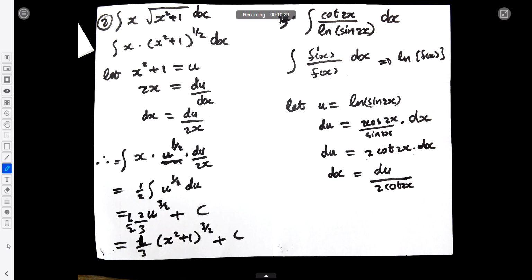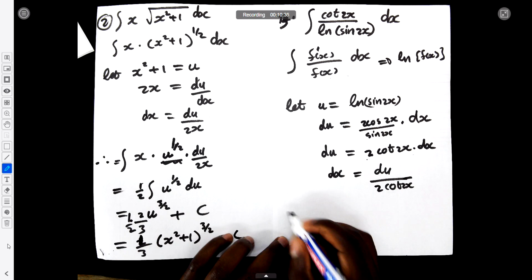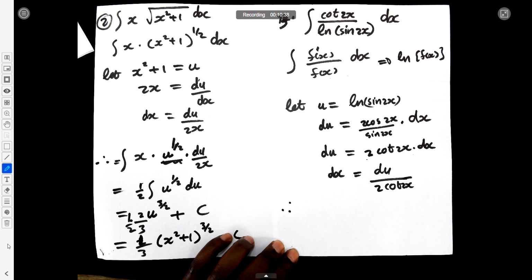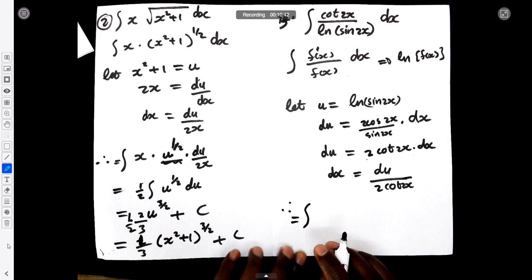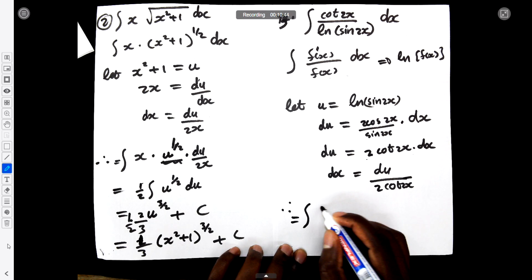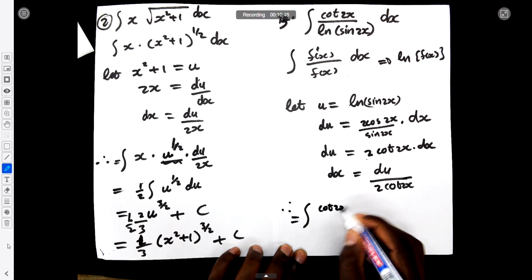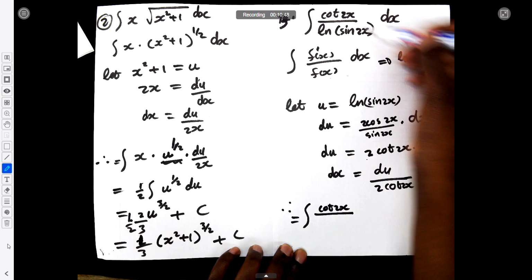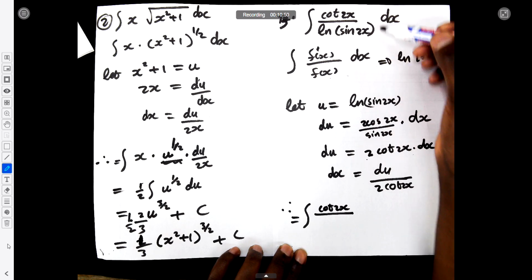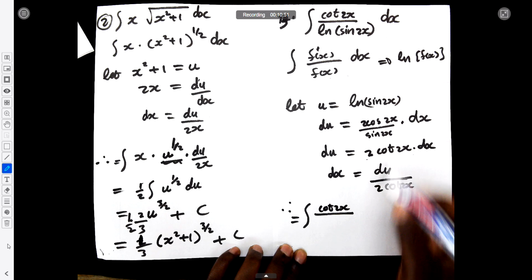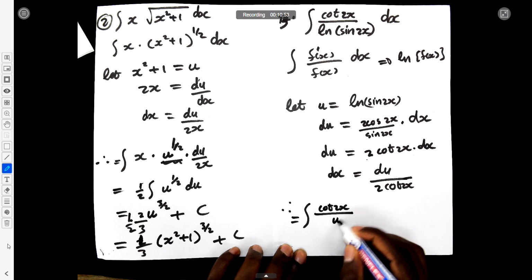So the u method, at least you go with the missing factors, replacing x and dx in terms of u. So in our given integral, we need to determine the function now. When we substitute, cot 2x we didn't replace, but we have replaced ln sine 2x as u.